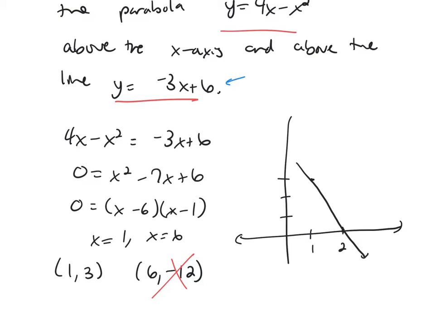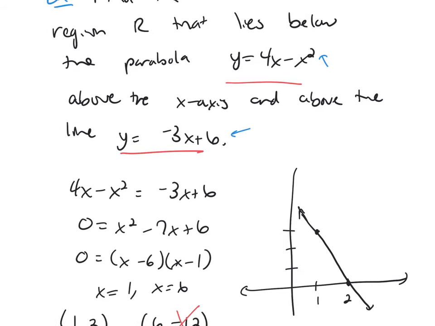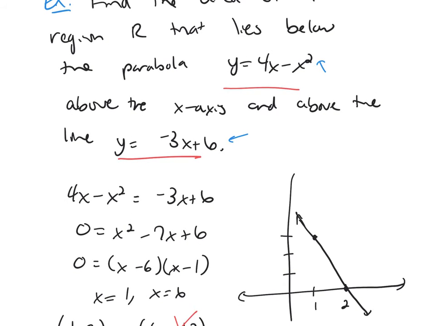And remember, I want just the part above the x-axis. So there's my line. Now I'm going to graph this parabola here. If x is, or sorry, if x is 2, y is 4.